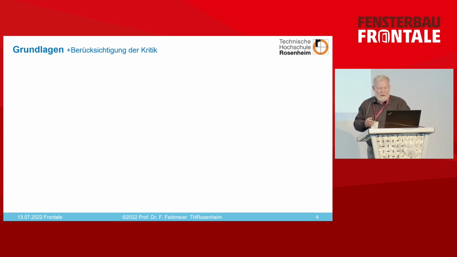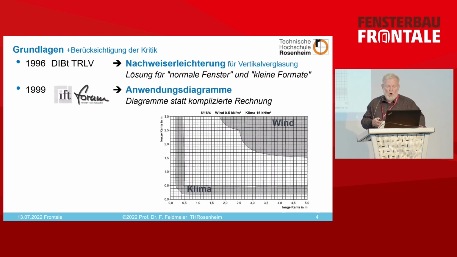We always tried, even if maybe it was rightfully done, to consider this criticism as well. And even in this first rule, the technical rule for the line-shaped glass, the proof was much easier to show, which made it possible to give solutions for regular glass windows.